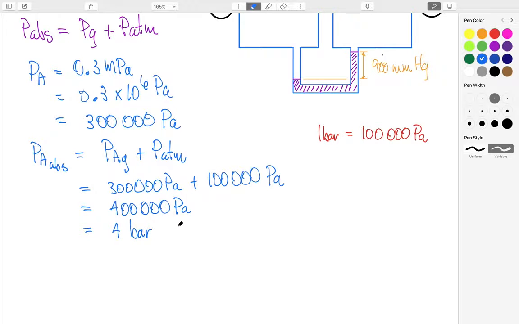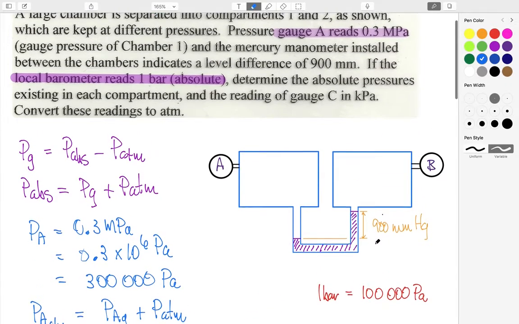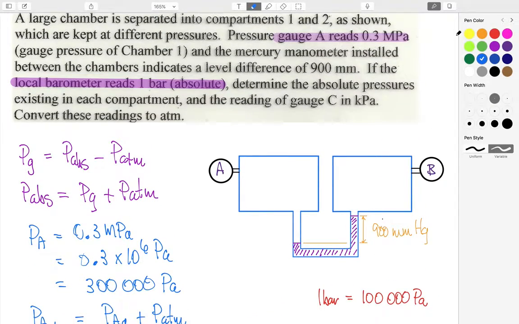Now they did want the reading, and this is the absolute reading, in kilopascals. Excuse me, I stand corrected on that. They did want that reading in atmospheres. That was stated at the end of the problem. So you always have to pay close attention to what they want your final units to be in.